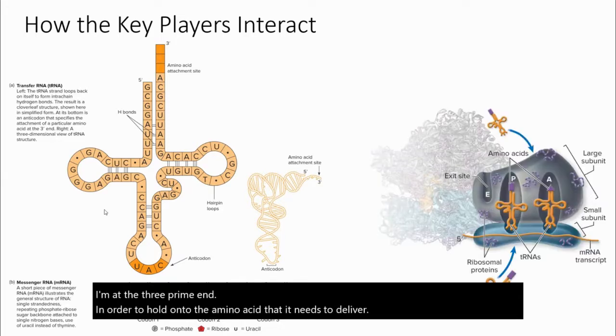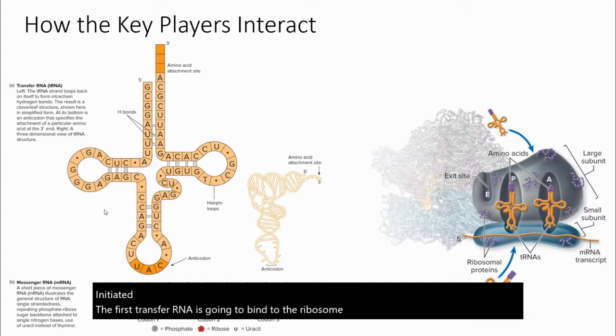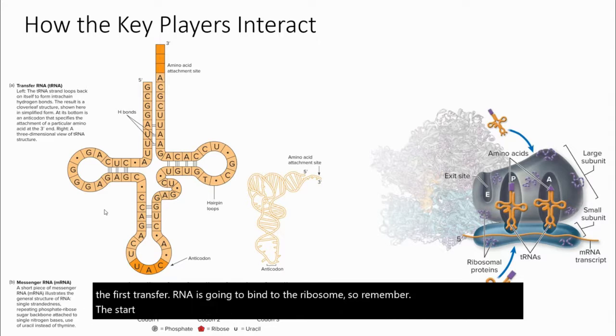The other key player is going to be the ribosome. And so once translation gets initiated, the first transfer RNA is going to bind to the ribosome. So remember, the start codon on the messenger RNA is AUG.